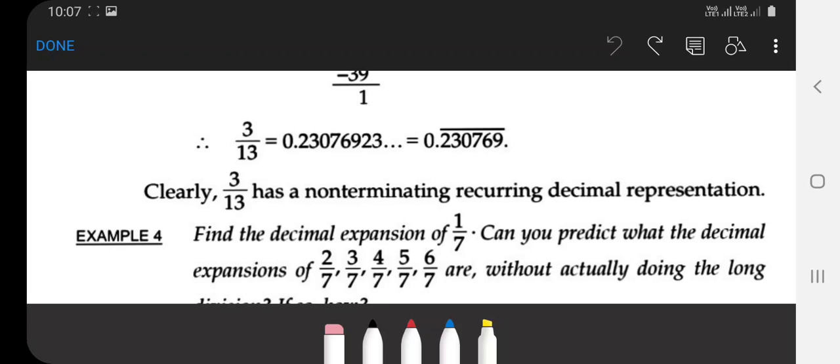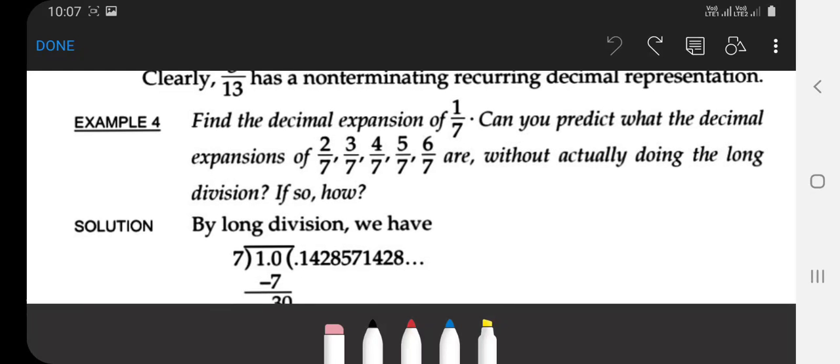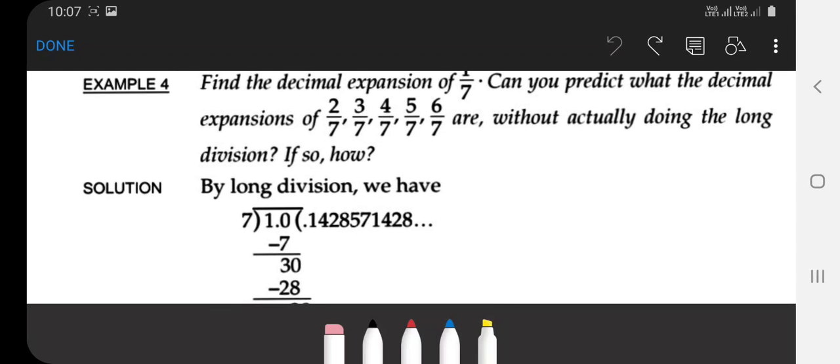The next question is, find the decimal expression of 1 by 7. By the actual division method, you find the value of 1 by 7. The value of 1 by 7 is 0.142857, again repeating 142857.